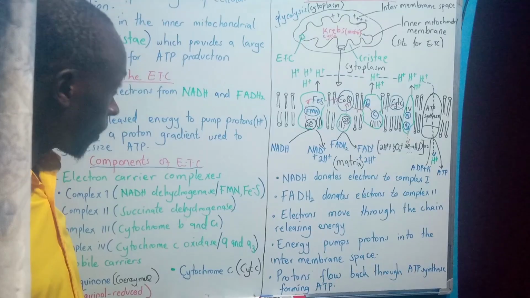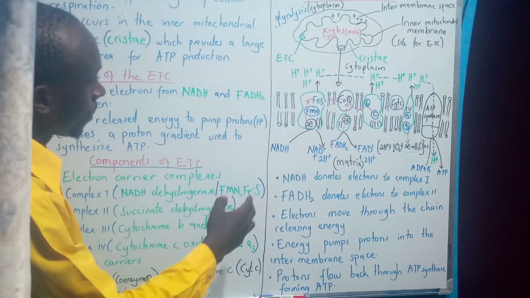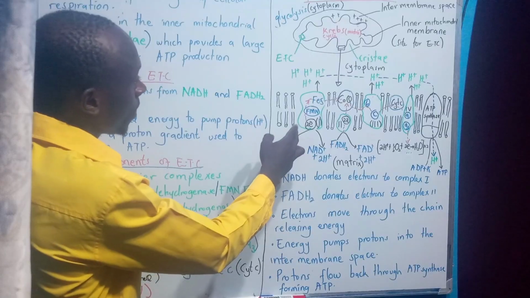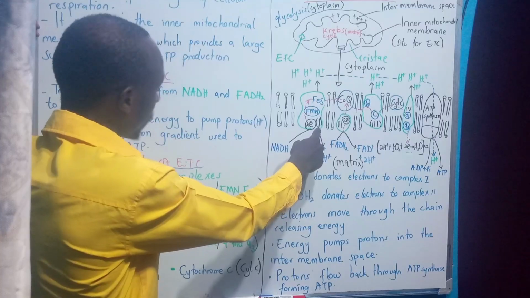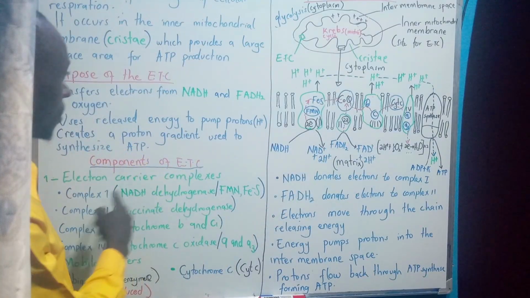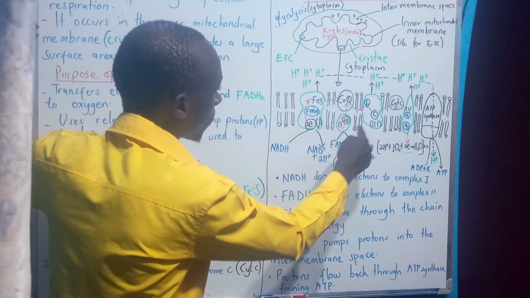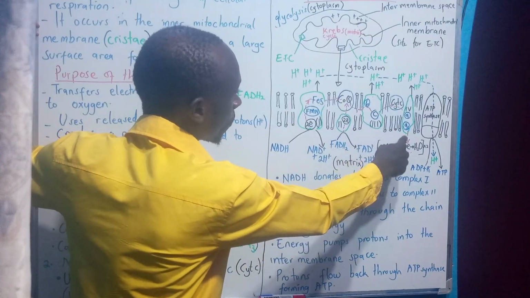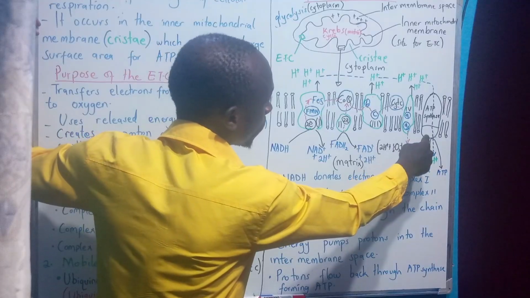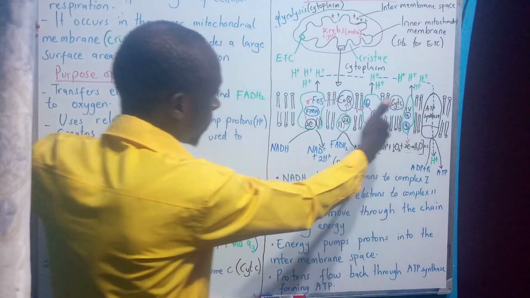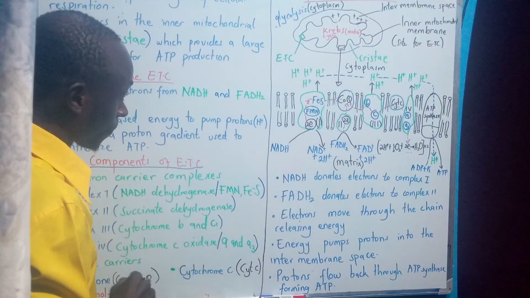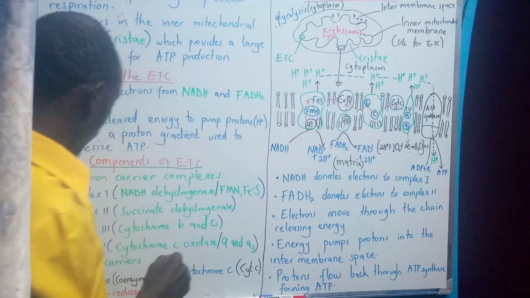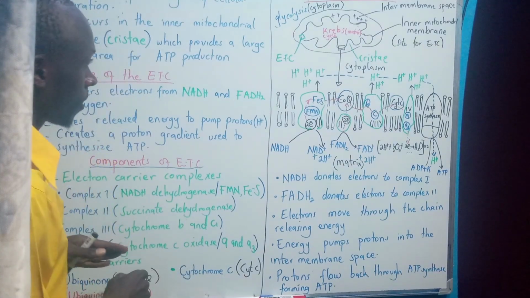So in the inner membrane of the mitochondria, we have complexes. This is complex number 1, as we mentioned earlier, complex number 2, then complex number 3, and complex number 4. We are going to look at each one.